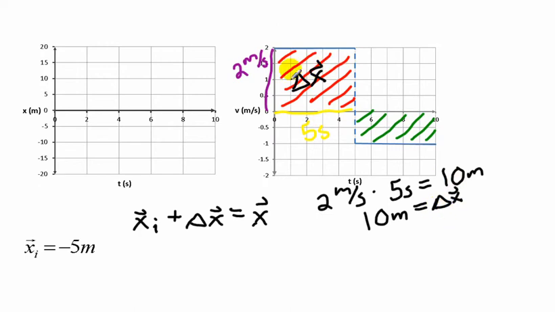I'll take some time here to give an analogy that I normally give. Imagine you're in a car. You don't know what mile marker or section in the road you are on right now. But you do know that your car is traveling at 60 miles per hour, and that you've been traveling at this speed for 2 hours. So you could know how far your car has moved in this straight line along this road.